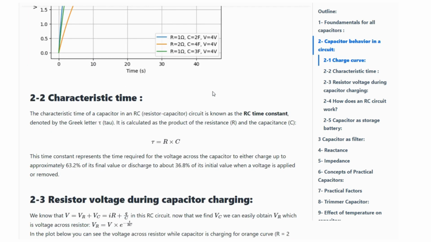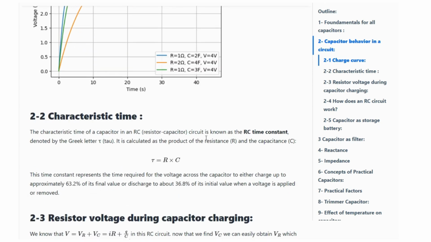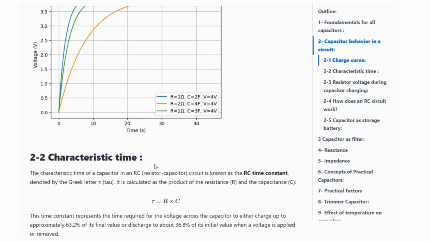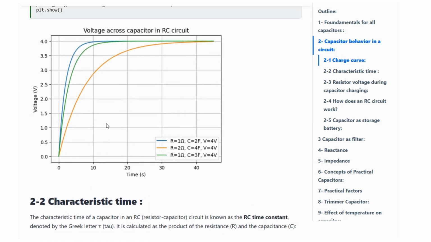We can define a parameter called tau, which is equal to R times C. 5 times tau is about equal to the time needed to charge a capacitor. So in the orange one, for example, 5 times R times C is equal to 40 seconds. And as you see, after 40 seconds, the voltage is very close to 4 volts.